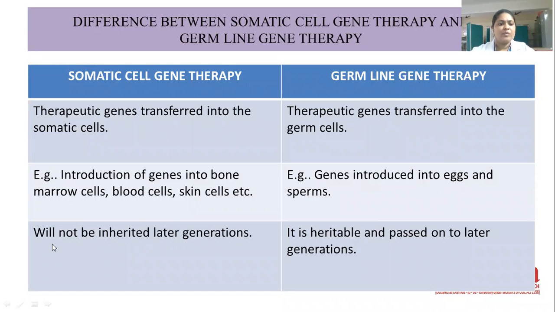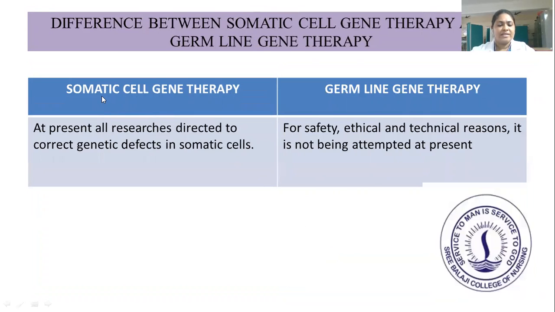The somatic change will not be inherited by later generations, but in the germline it is heritable and passed on to later generations. In somatic cell gene therapy, at present, all research is directed to correct genetic defects in somatic cells. For safety, ethical and technical reasons, it is not being attempted at present in germline gene therapy.